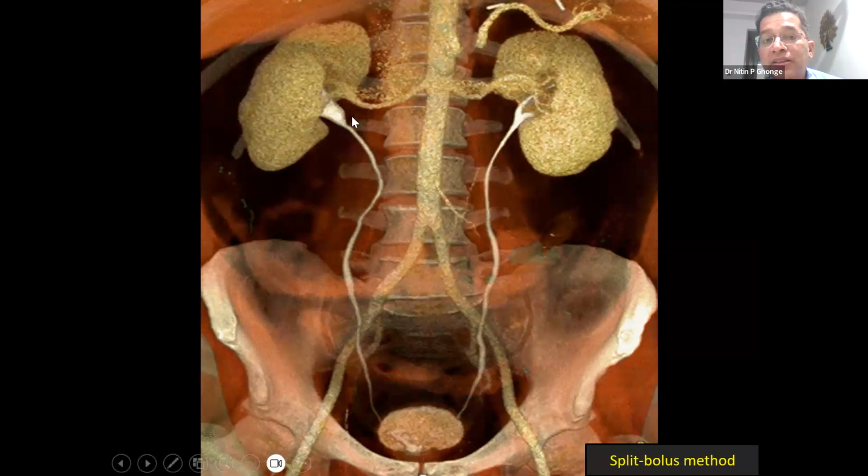The earlier bolus is already excreted in the urinary system and is opacifying the bladder and the ureter, while the second bolus, the second phase of the contrast, is opacifying the kidney, renal vessels and the aorta, as we can see here. So this is a single image because CT leads to a lot of radiation.